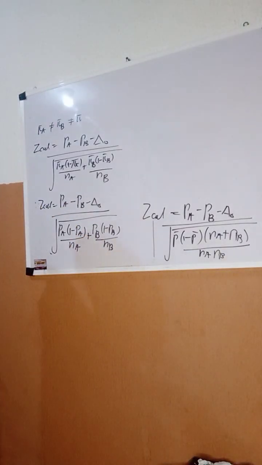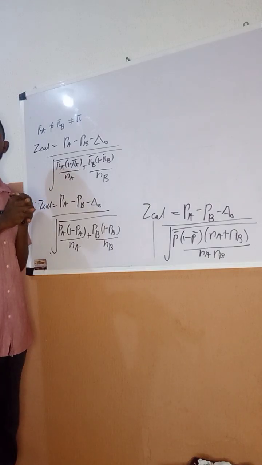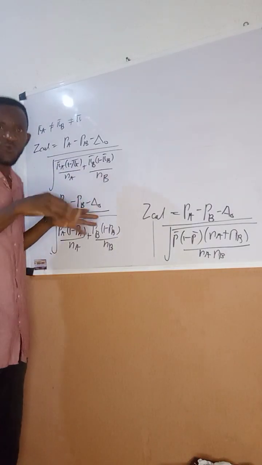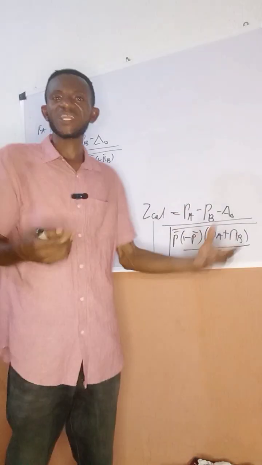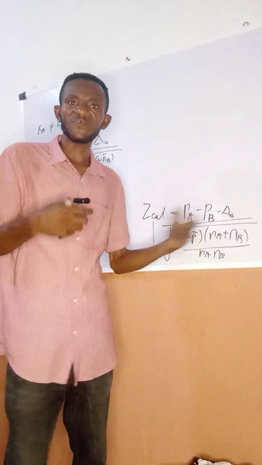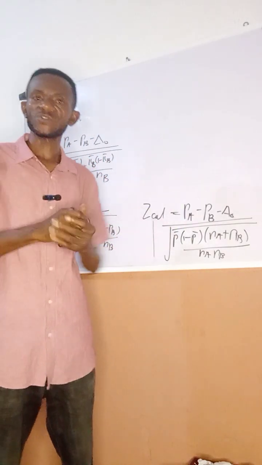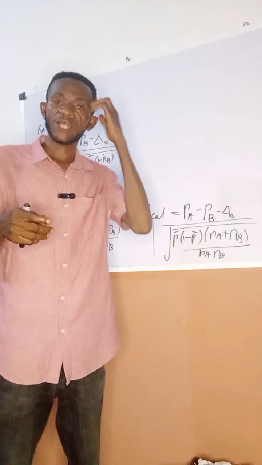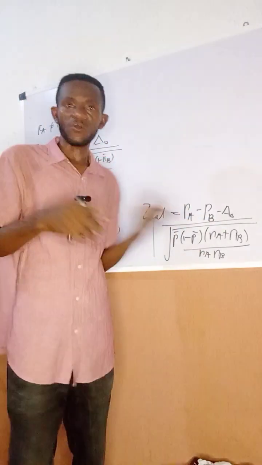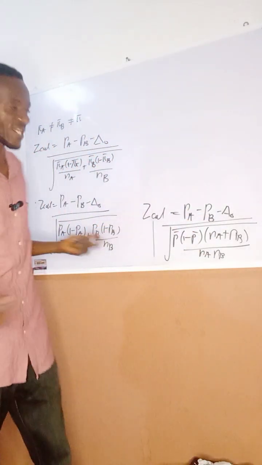These are what we are going to consider when you are talking about the test of the difference between two population proportions. And permit us now to take one question from here and look at it together.